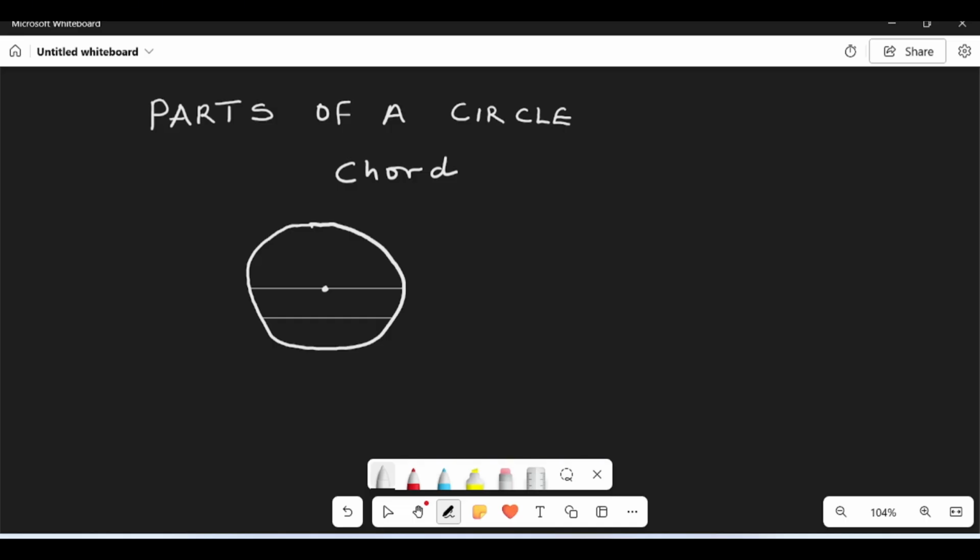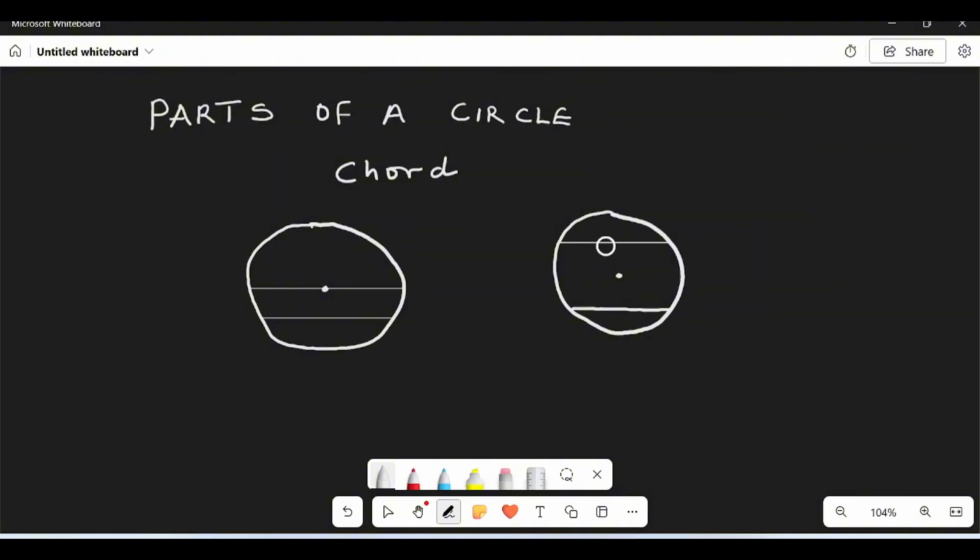Chords of the same length are always equidistant from the center. What I'm saying is this: if our circle is this, and we have a chord here, we have another chord here, and this is our center.